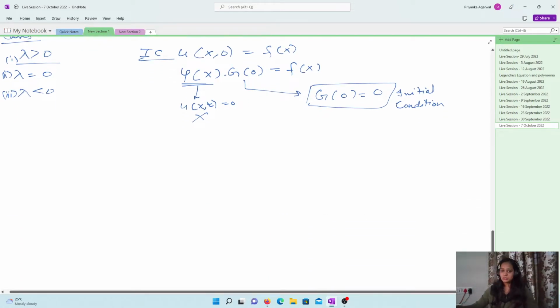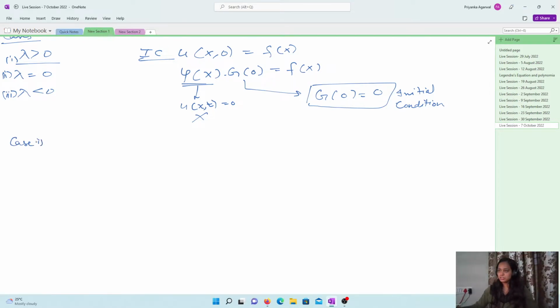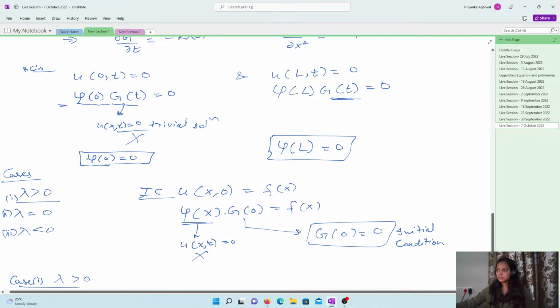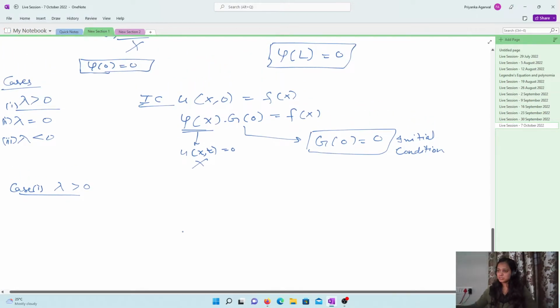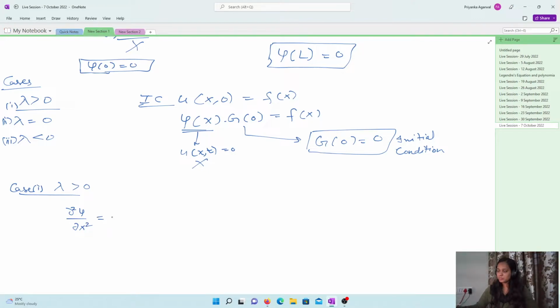Alright, now let's solve step by step. Let's take case 1 where lambda is greater than 0. So in this case, if you look at the equation for psi, what the solution becomes. The equation we have is del square psi over del x square equals minus lambda psi, right?